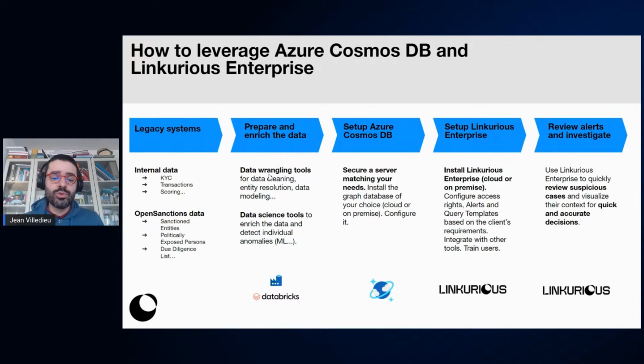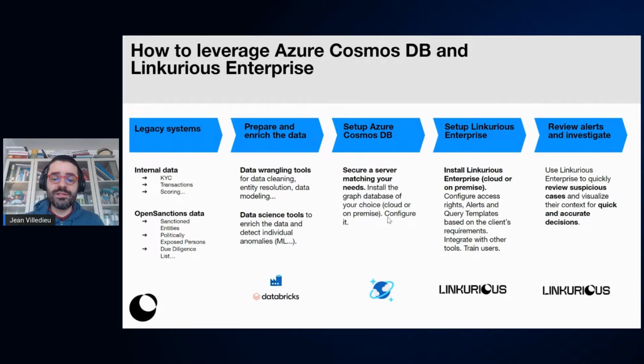So you can use something like Azure Data Factory to handle that type of workload. So that's one possibility. We also have clients that are using tools such as Azure Databricks to also leverage machine learning capabilities and enrich the data with properties representing the riskiness of a client or transactions.